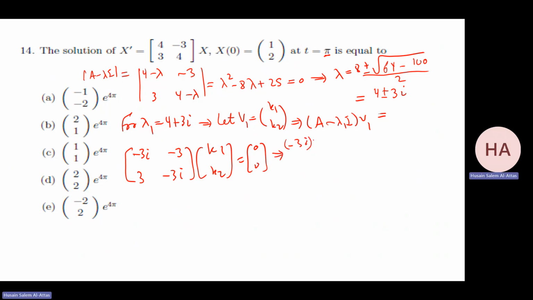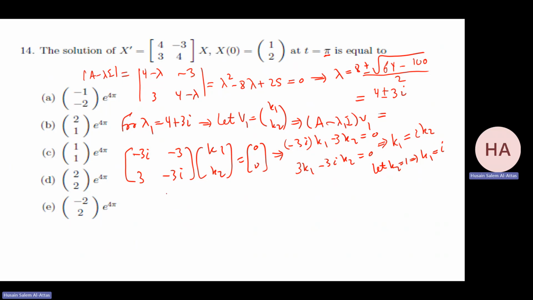Minus 3i K1 minus 3K2 equals 0, and 3K1 minus 3i K2 equals 0. Multiply the first equation by i, you get the second. Yeah, very clear. So I have K1 equal i K2. So I let K2 equal 1. That implies K1 equal i.